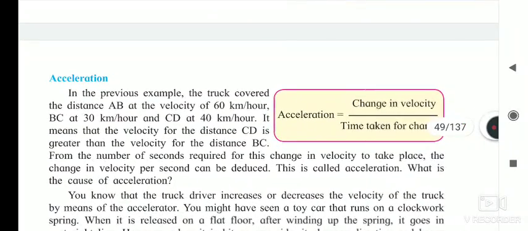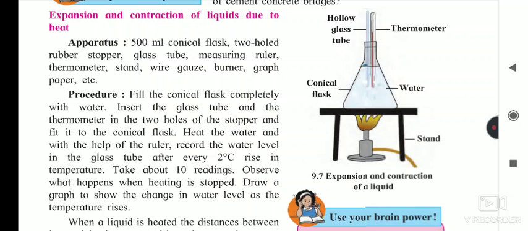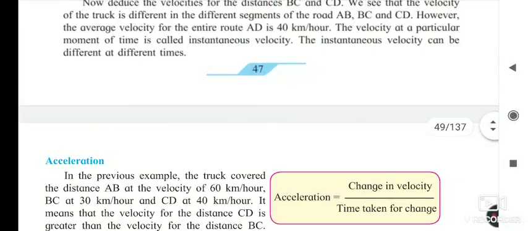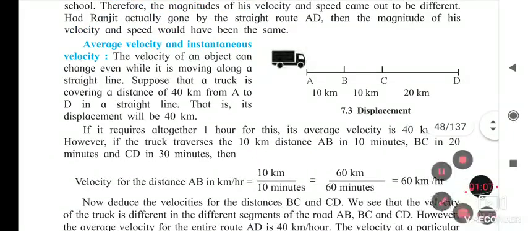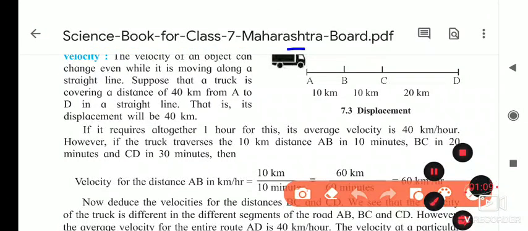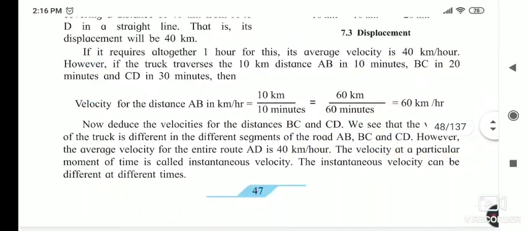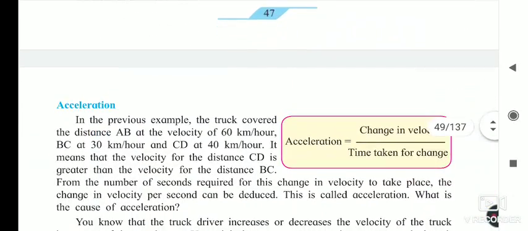In the previous example, the truck covered a distance of AB at a velocity of 60 km per hour. If you see in this example, this is a truck, it covers 60 km per hour, meaning in 1 hour it covers 60 km distance.